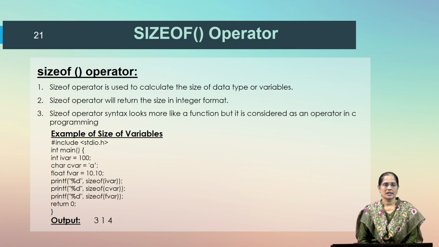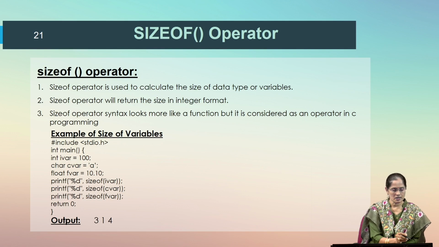And we have one more special operator called the sizeof operator. This operator will help us find the size of a data type. If the data type or the variable is supplied as input to the sizeof operator, it is able to determine the size, how many bytes the particular variable declaration consumes in memory.